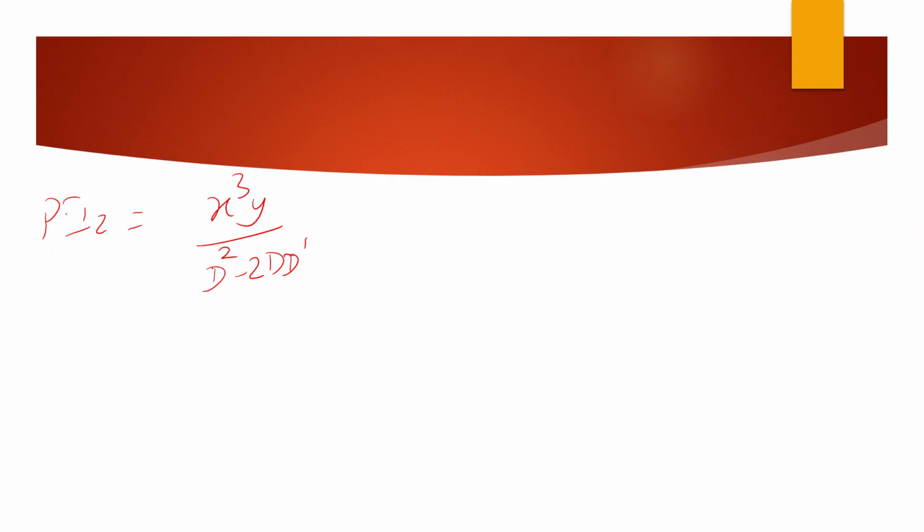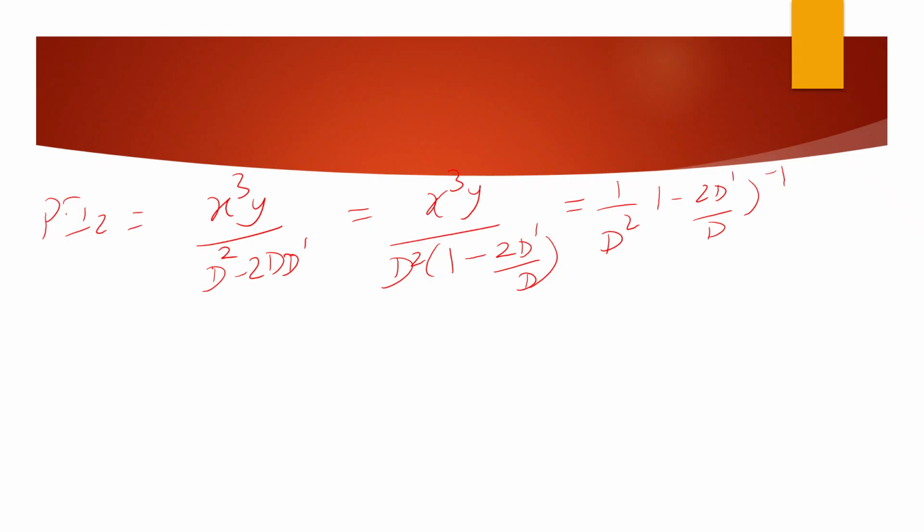First we have to express the denominator as a function of D comma D dash form. Taking D square outside, we can write this as 1 minus 2 D dash by D. Now we have to take this to the numerator. It is 1 minus 2 D dash by D, the whole inverse, of x cube y.